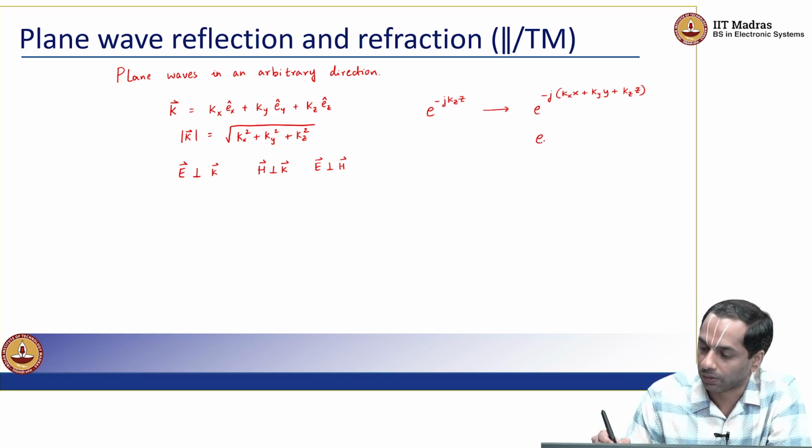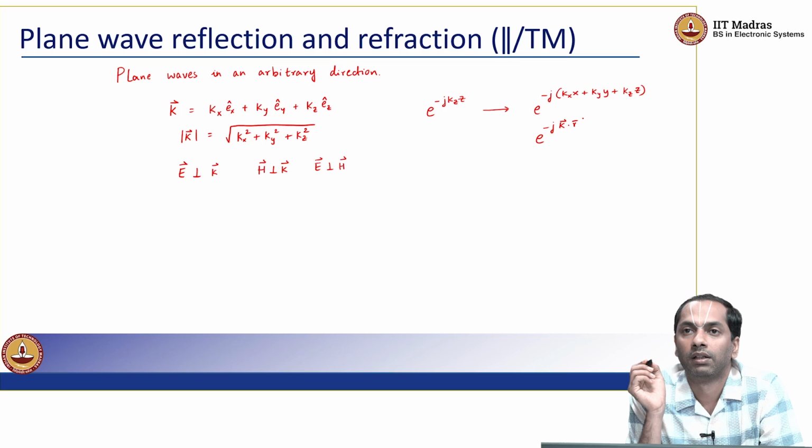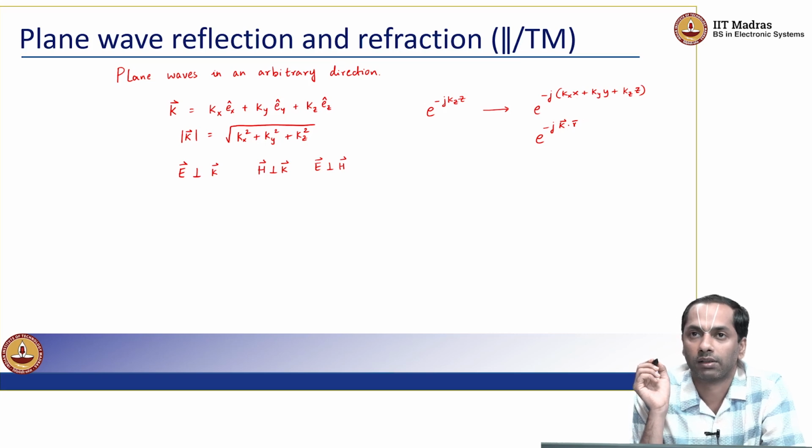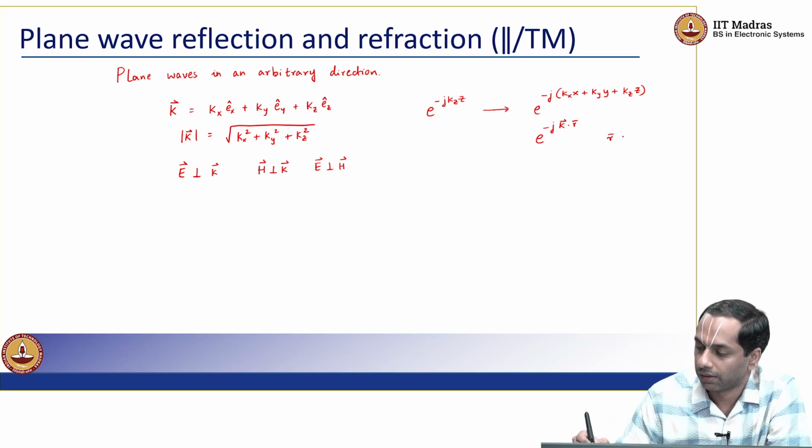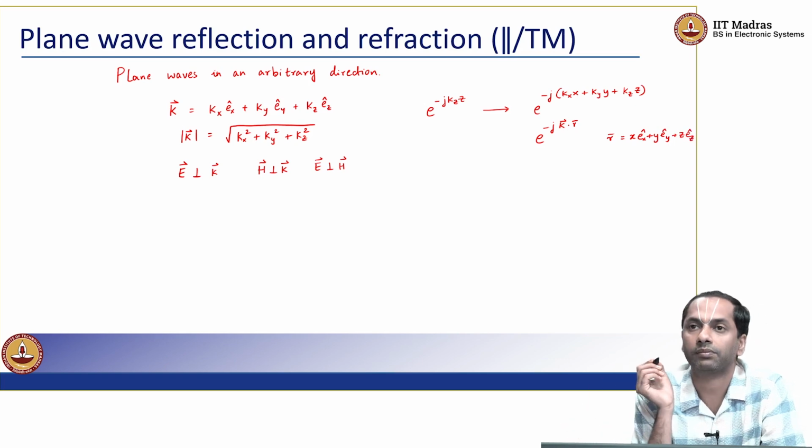So, this is also sometimes written as e to the minus j k dot r, right, where your r vector is simply x ex plus y ey plus z ez, right.